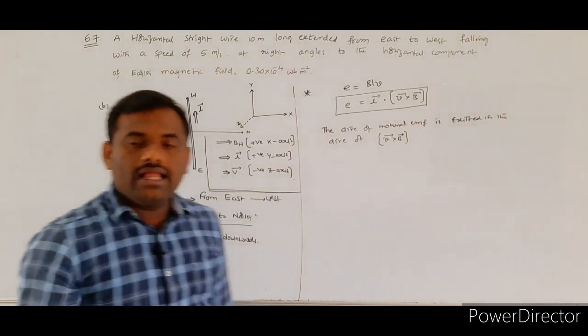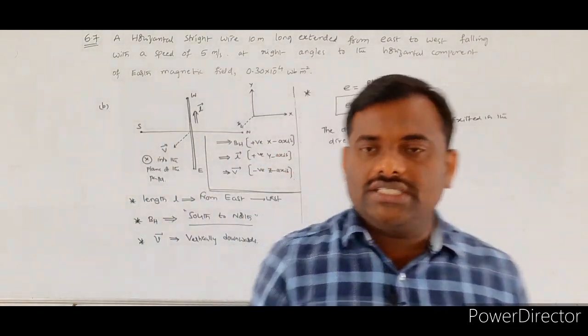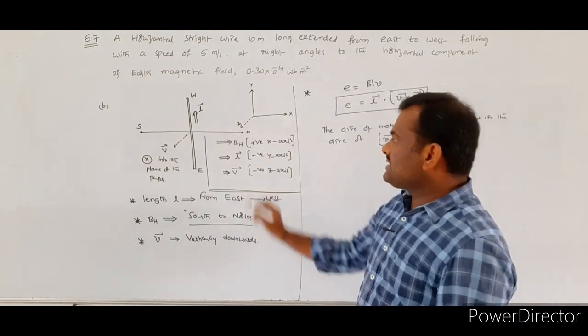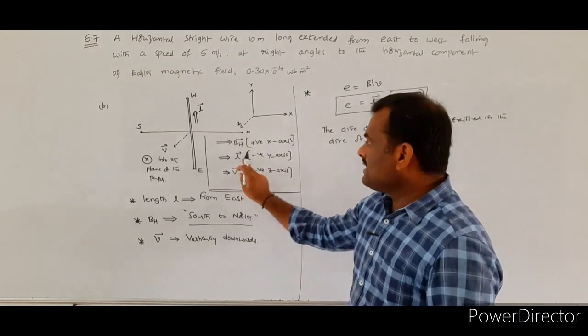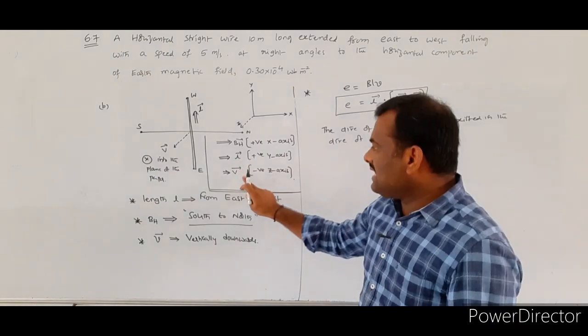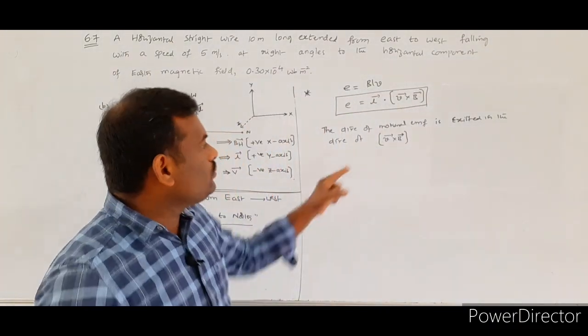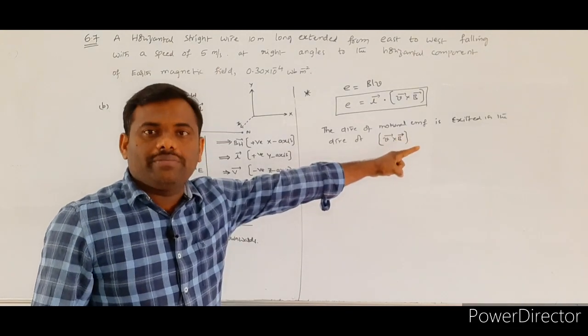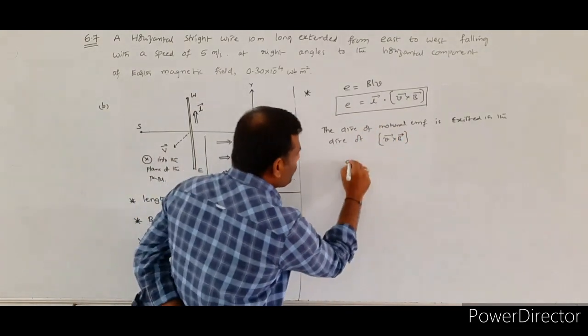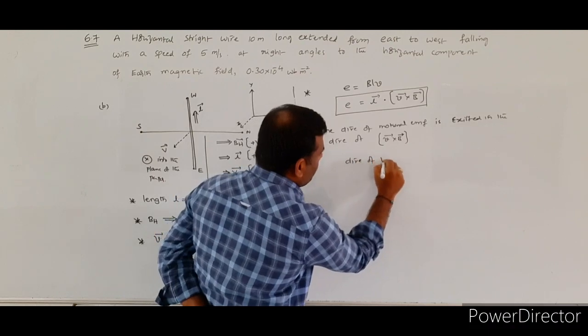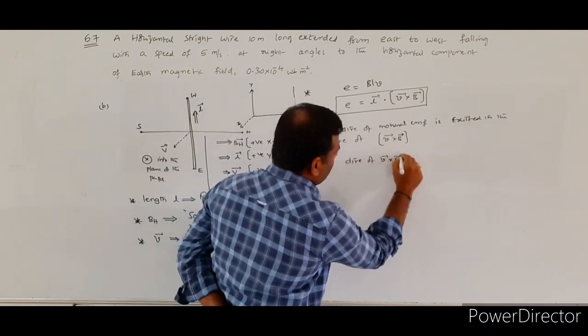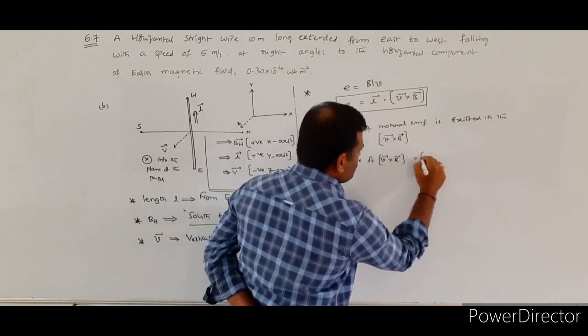This is a representation of the directions of three different vectors: the BH vector, the length vector and the velocity vector. But what you need here is to find the direction of V bar cross B bar.